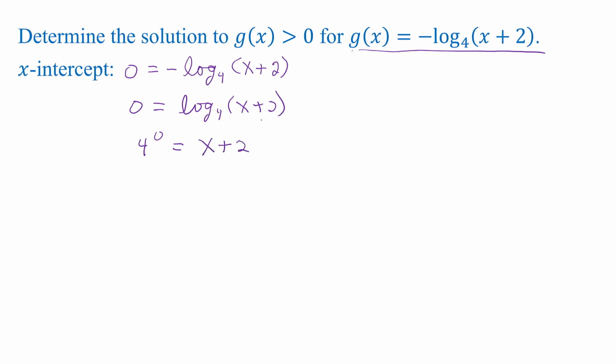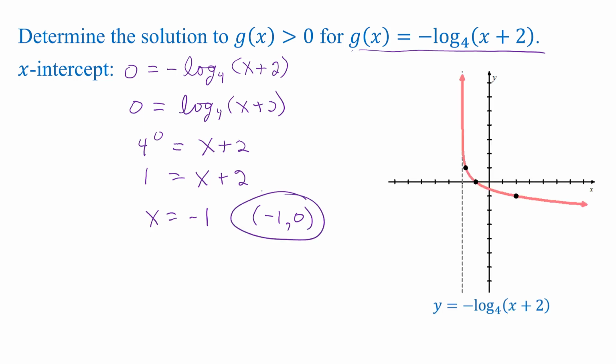Actually, even before solving for x, 4 raised to the power 0 is 1. 1 equals x plus 2. And now subtracting 2 from each side, we end up with x equals negative 1, telling me that I have an x-intercept of (-1, 0). Looking at the graph here will actually confirm that. You can see the point (-1, 0) on the graph.